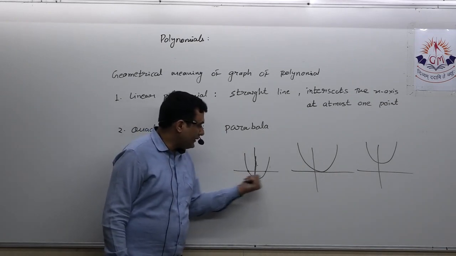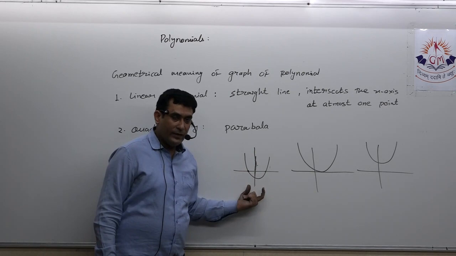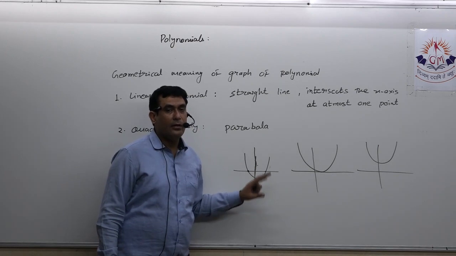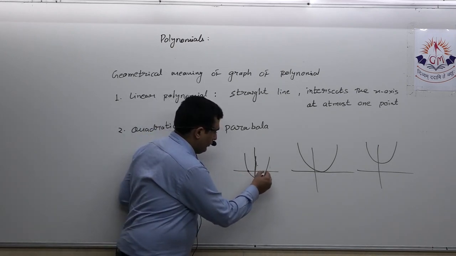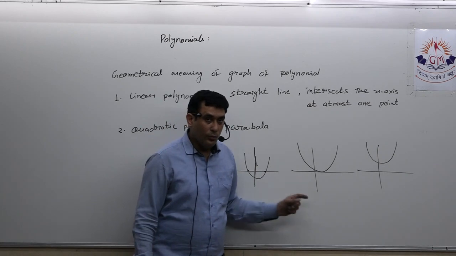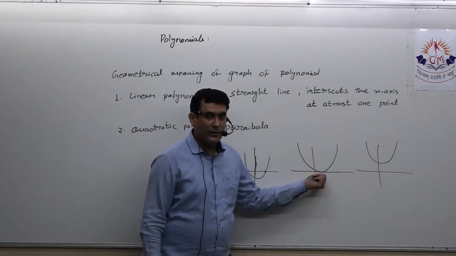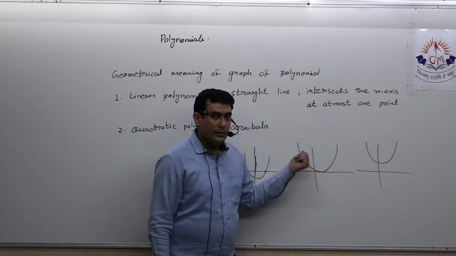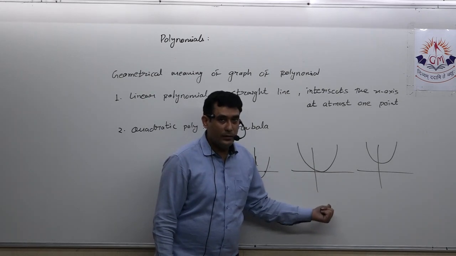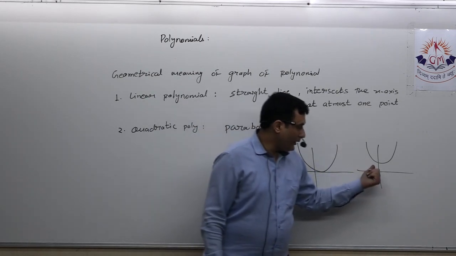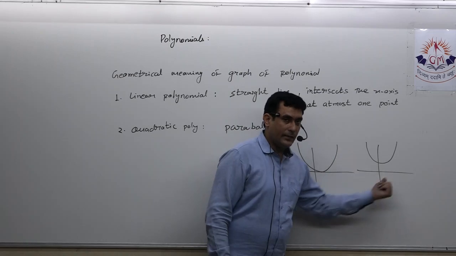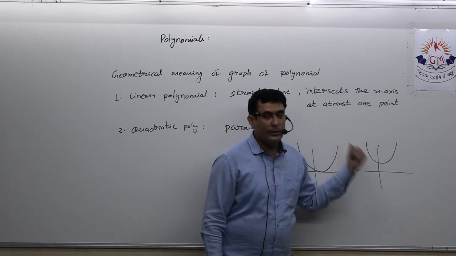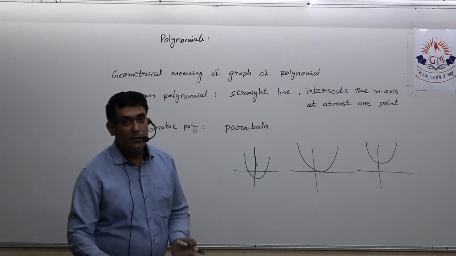Here the graph intersects the x-axis at 2 points, so the quadratic polynomial whose graph this is has 2 distinct zeros. Over here the graph intersects the x-axis at exactly 1 point, so it has only 1 zero. Over here the graph does not intersect the x-axis at any point, so this quadratic polynomial does not have any real zeros.